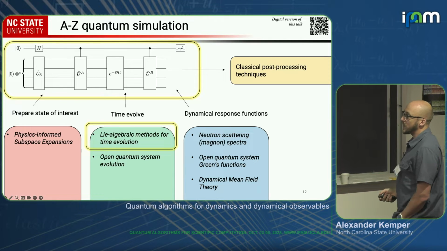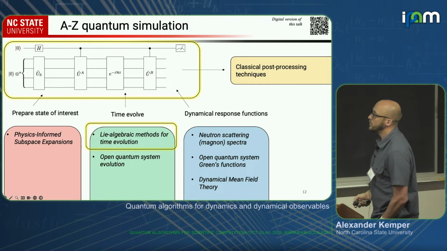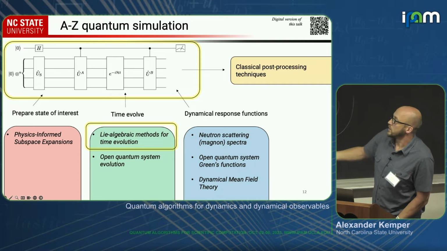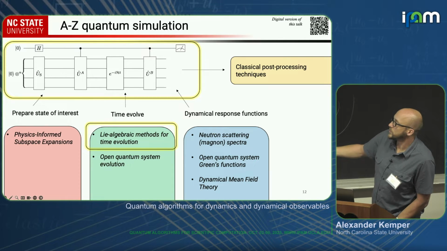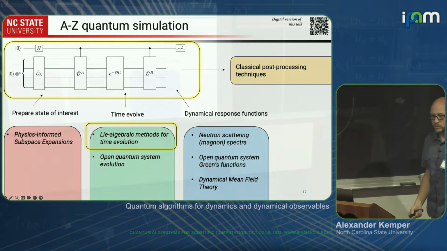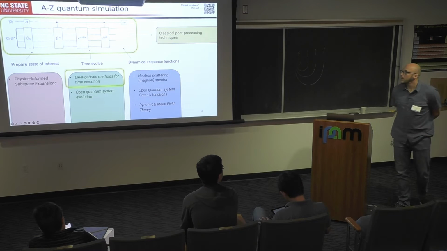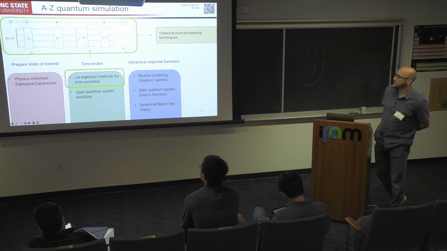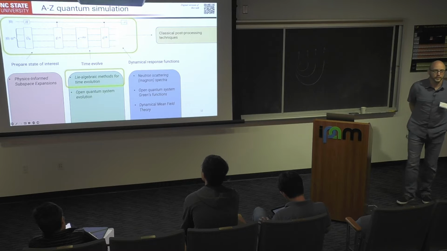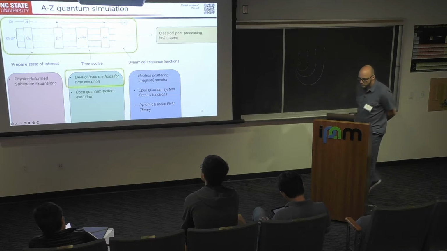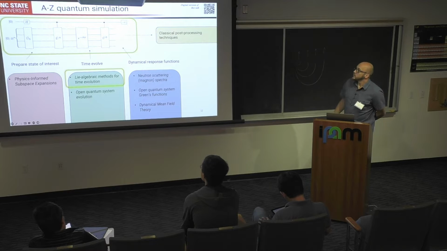So what I'll be telling you about today, depending on how many questions and time, is a new way of computing correlation functions, response functions, that doesn't require this structure, but is something new. So this is a new algorithm for doing precisely that. And then if I have time, I'll tell you about some of the Lie algebra work that we've been doing. Okay. Good. So response functions.